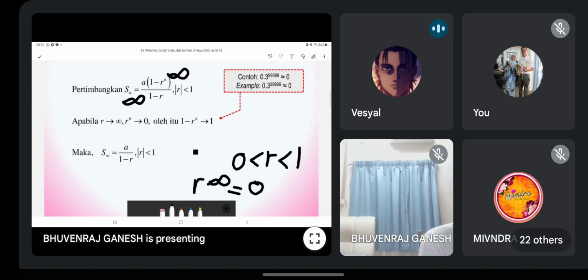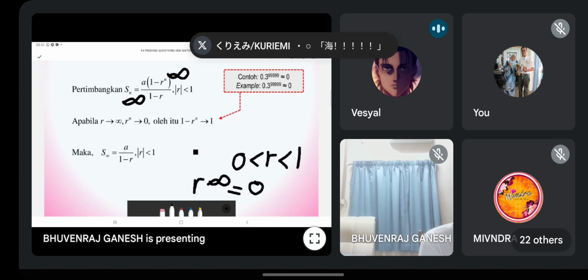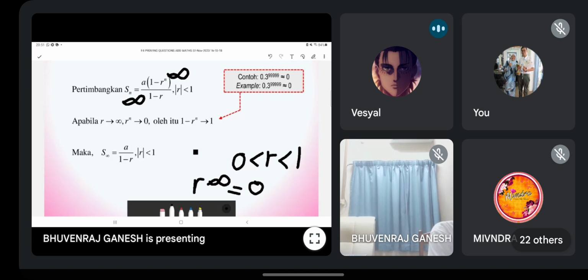So therefore, 1 minus r power n will be approaching 1 because r power n is basically 0. If you see the example they give, 0.3 power 99999 and so on, the number will be extremely small, that it'll be close to 0. So once you replace in the formula, your formula will be sum of infinity equals a over 1 minus r. That's it.